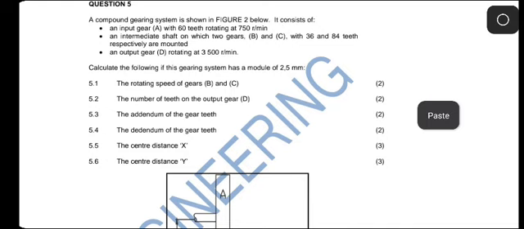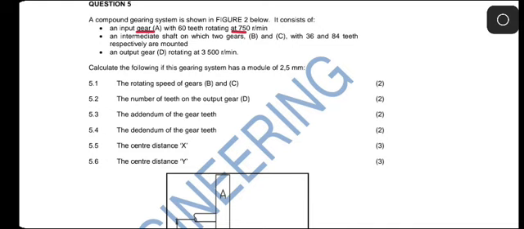Gear A with 60 teeth rotates at 750 revolutions per minute, on an intermediate shaft. There is an intermediate shaft on which two gears B and C with 36 teeth and 84 teeth respectively are mounted.